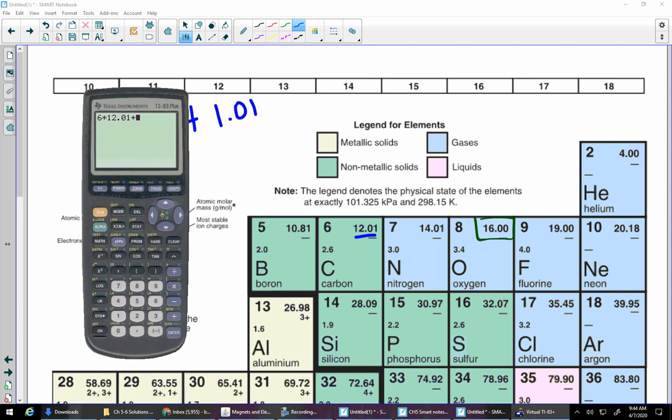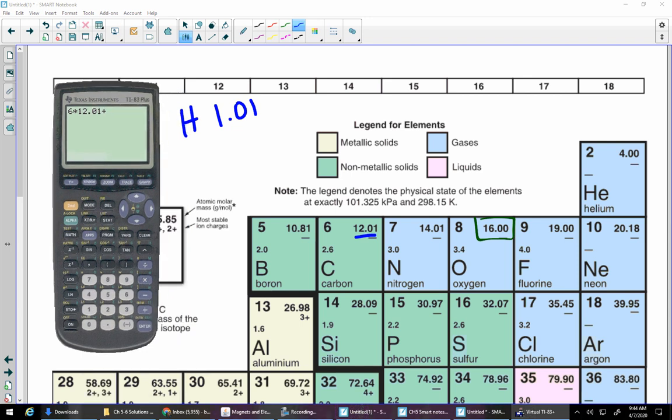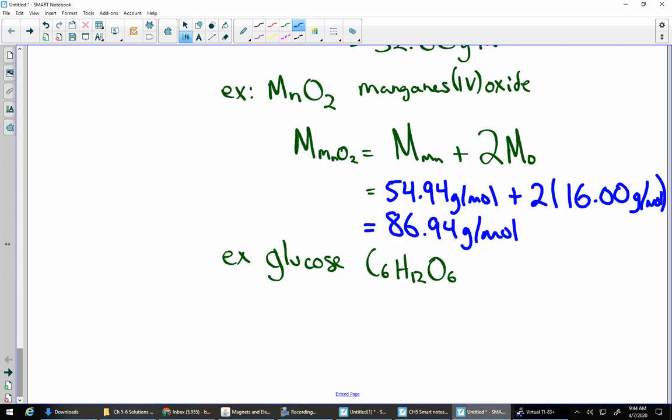Plus, I've got 12 hydrogens, so 12 times 1.01, nice, plus the last thing that I've got there is 6 oxygens, because remember it's C6H12O6, so 6 times 16. It's going to be a big one, 180.18 grams per mole.